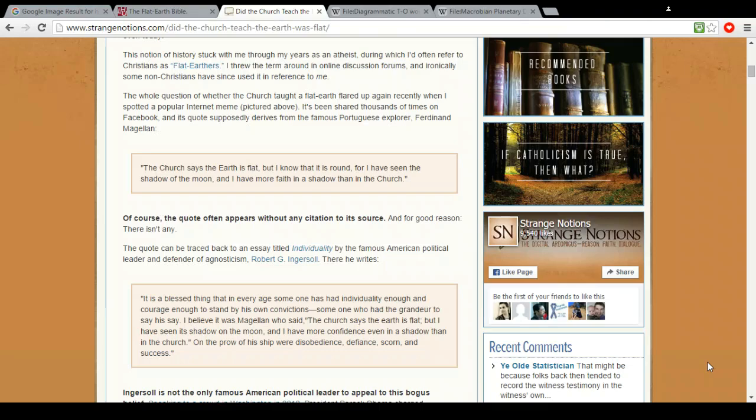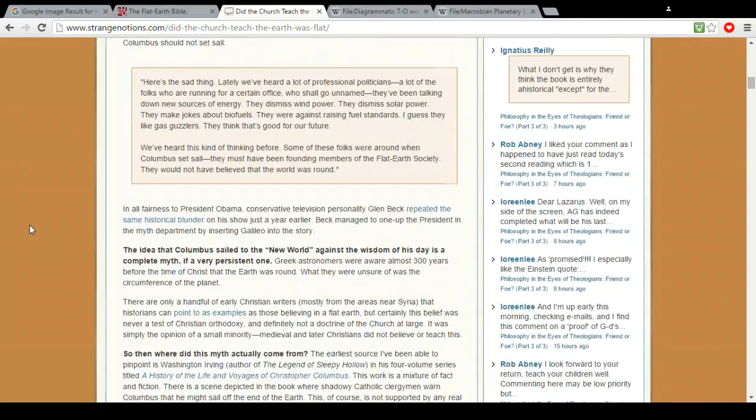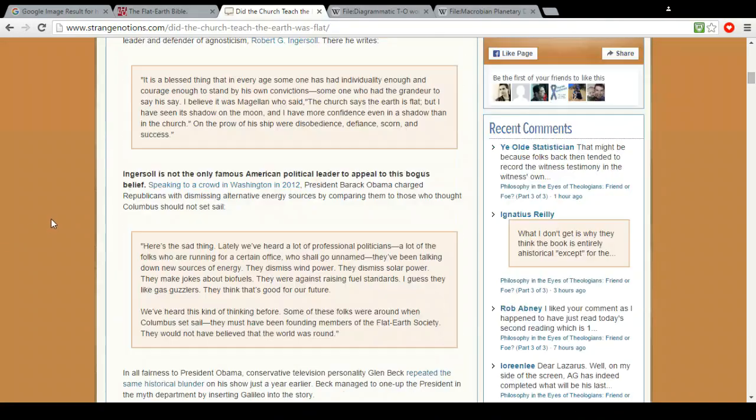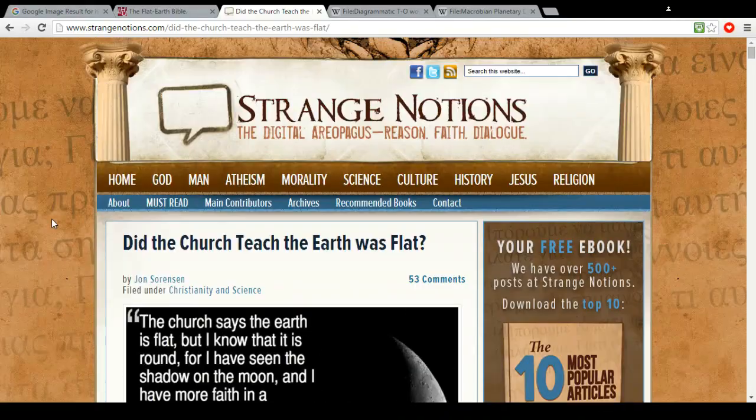So, from that point on, the earth was pretty much seen as round, and I believe the Pope at the time, I forget his name, did come out and say, yes, we believe it is round. But even in today's world, they go over and say, you know what, we know it's a little bit more flat and this and that and everything else, and people are actually starting to learn that more.